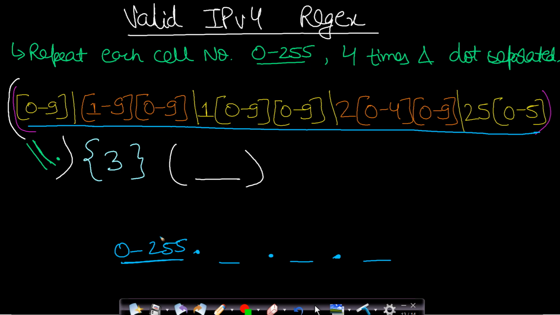So after checking for a number in the 0 to 255 range, what we need to do is include this dot. I have already shown you in the escape sequence that in order to include this dot, you will have to give 2 backslashes and then write the dot. So this is basically including the dot after creating a number in the range of 0 to 255.